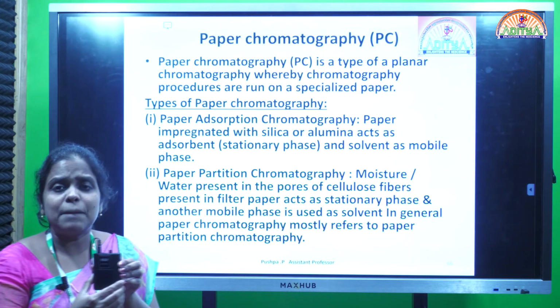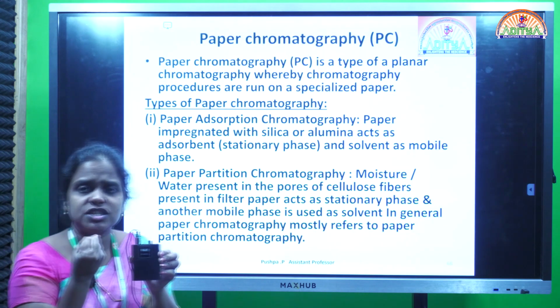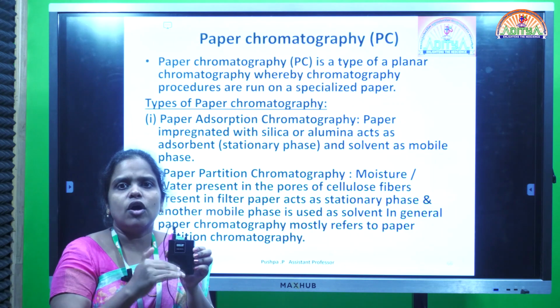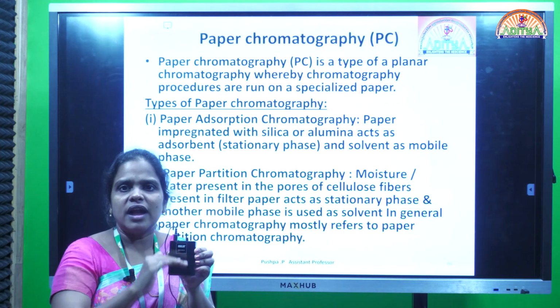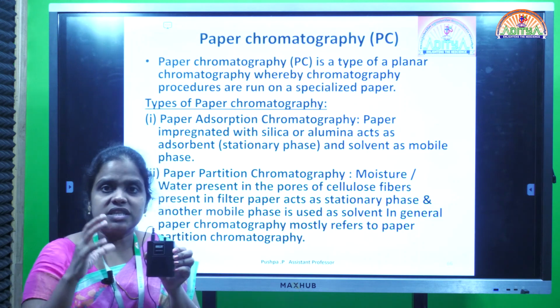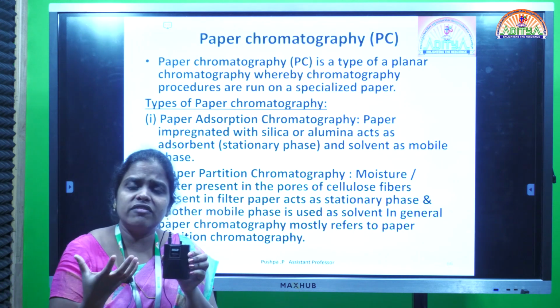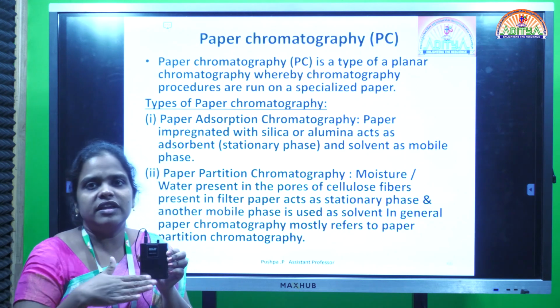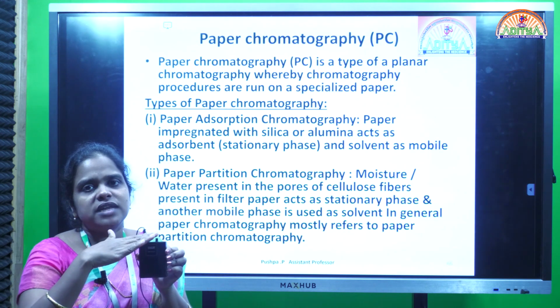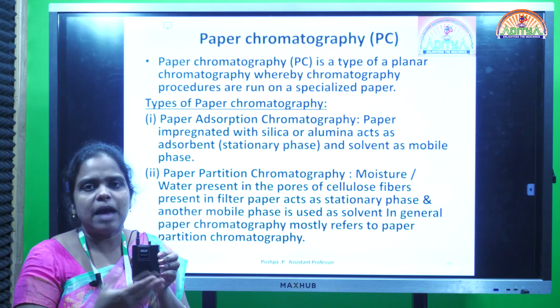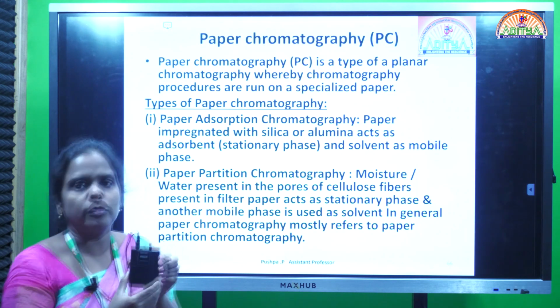That means if the sample has more binding interaction with the stationary phase, it will not move much and will not elute faster. It will stay more time with the stationary phase. If the sample has more affinity with the mobile phase, it will elute or move fast along with the mobile phase. That is what happens in paper adsorption chromatography.